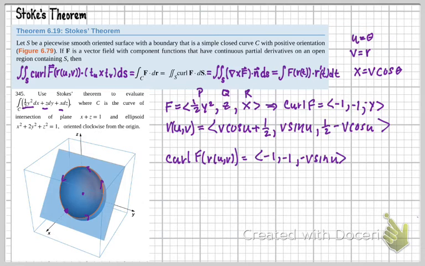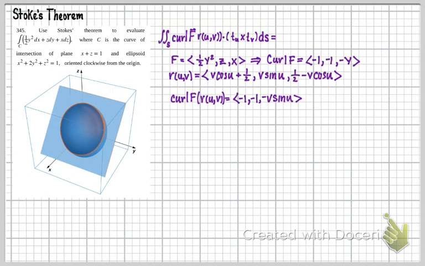So now we're going to find the RU cross RV. And I'm going to do that on the next page because it's going to take up some space. So I put the other information over here just to know what we need. So now I'm going to do the RU. And here's my RUV here.